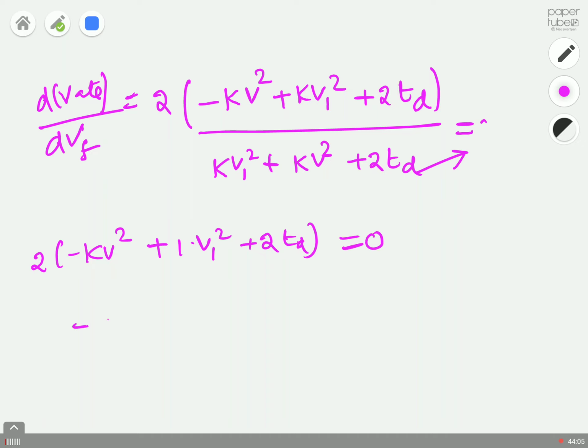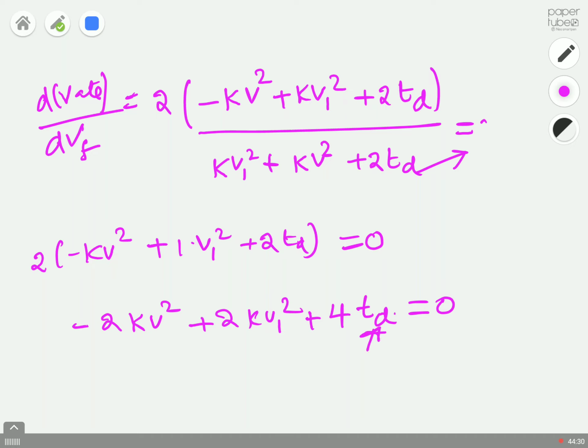Just expand the expression: 2 kV square plus 2 kV1 square, 2 into 2 plus 4 TD, that's equal to 0. From there we can get the TD value.